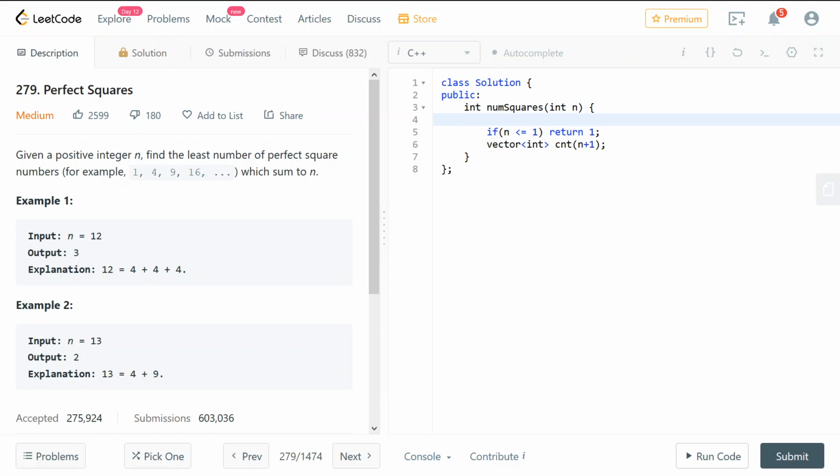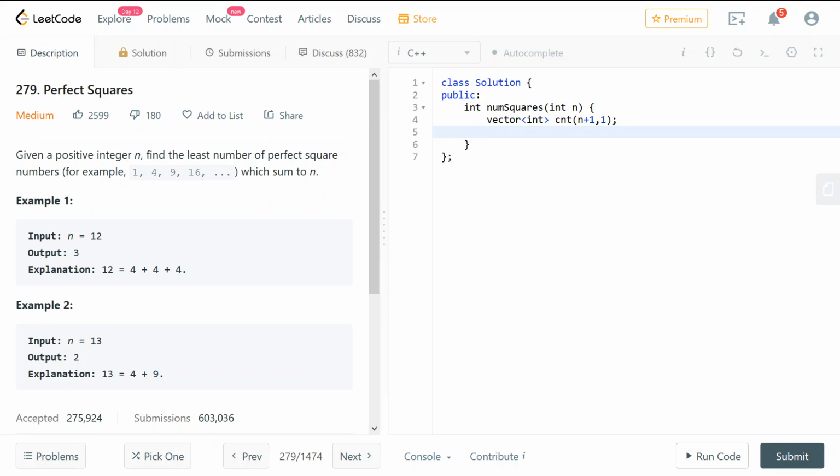If n is less than 0, we will not treat this case, because in the statement we said a positive integer, so it might be 0 or 1. This case we treat, and here we don't. Here we will initialize them to 1, so we can even ignore this one. No need, because we initialize them to 1.